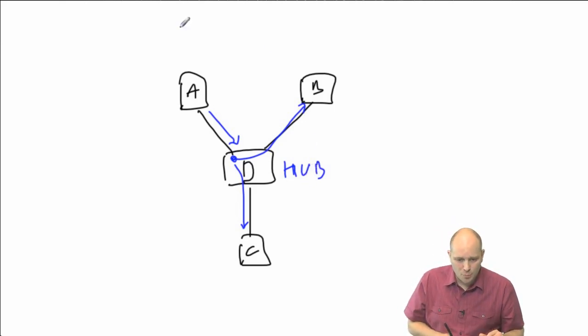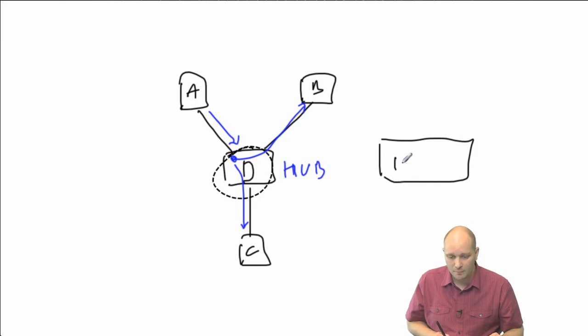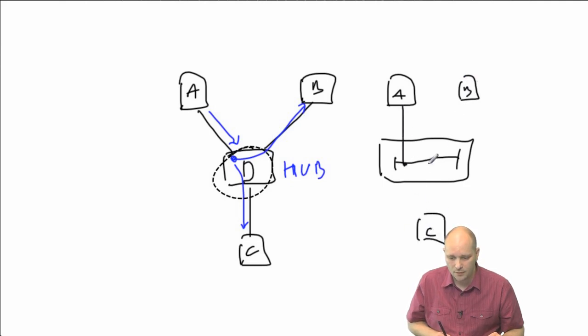Because if we zoom in to what is happening in the hub, really what we have is a kind of a yellow cable. Here are A, B, and C, and they connect like this to our hub.